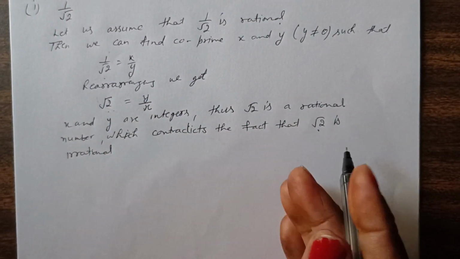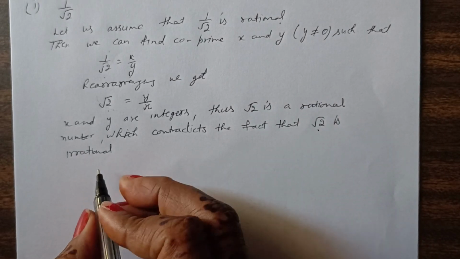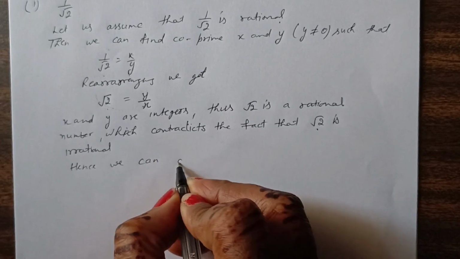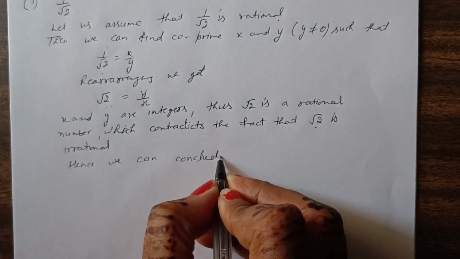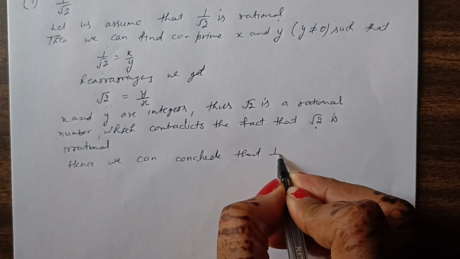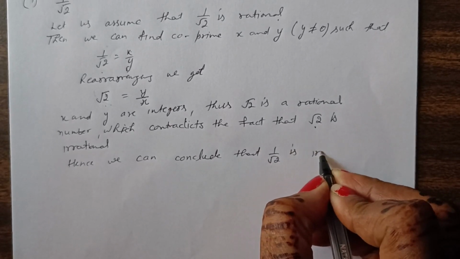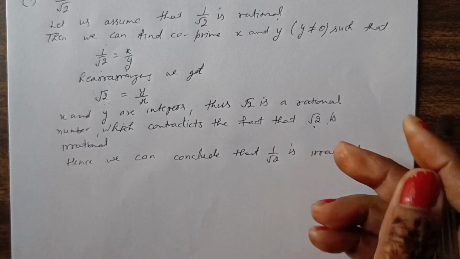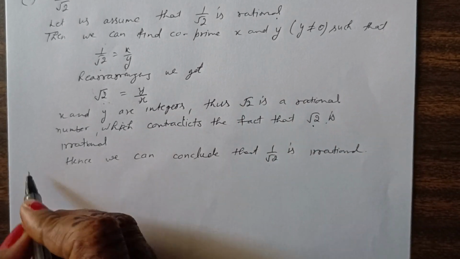So it contradicts that root 2 is irrational. Hence we can conclude that 1 upon root 2 is irrational. Means root 2 is irrational, so 1 upon root 2 is also irrational.